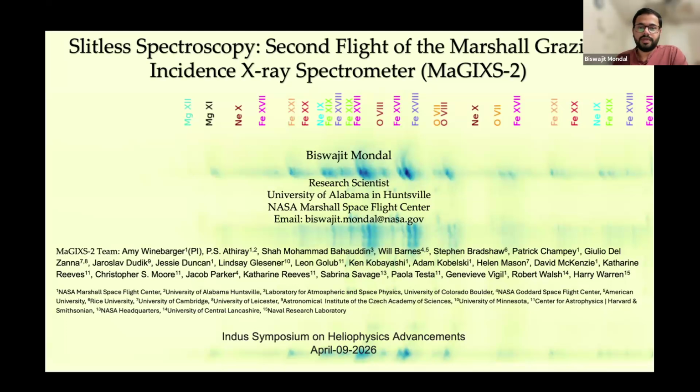This repeating pattern comes from different ionization states of different elements emitting from the sun. Here is the entire MaGIXS-2 team involved in this project. Amy Winebarger is PI from NASA Marshall, and all the others.